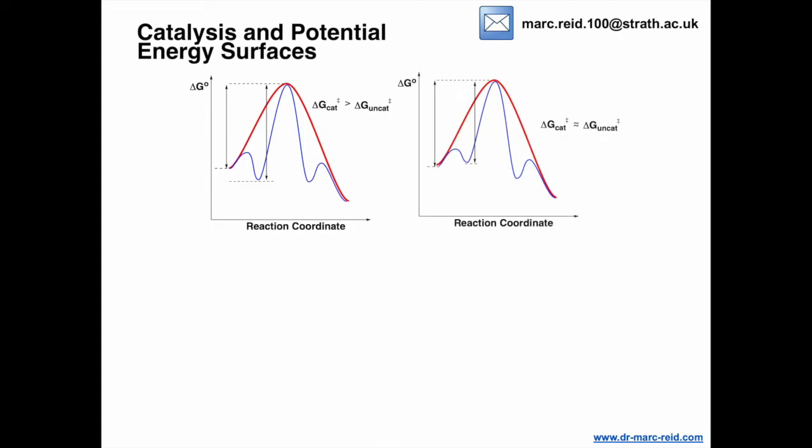Let's look at a similar case comparing the blue and red pathways. This time, the first step in the blue path, catalyst binding, leads to a key transition state barrier that is similar to that for the uncatalyzed reaction. Again, there's no catalysis here.